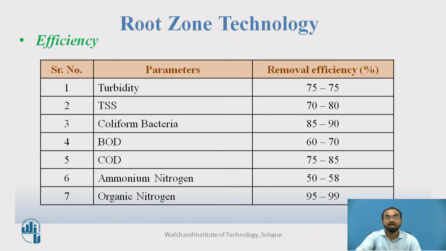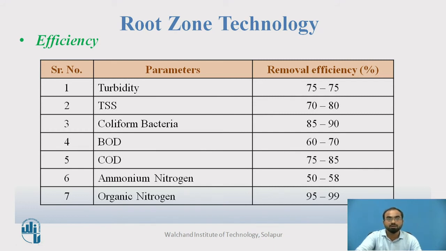Now talking about the efficiency of root zone technology, you can get to know the effluent water has a turbidity removal efficiency of around 75%. The TSS removal is around 70 to 80%. The coliform bacteria removal efficiency is around 85 to 90%. BOD removal efficiency is relatively lower, but if we go for multi-digester systems, it can increase.